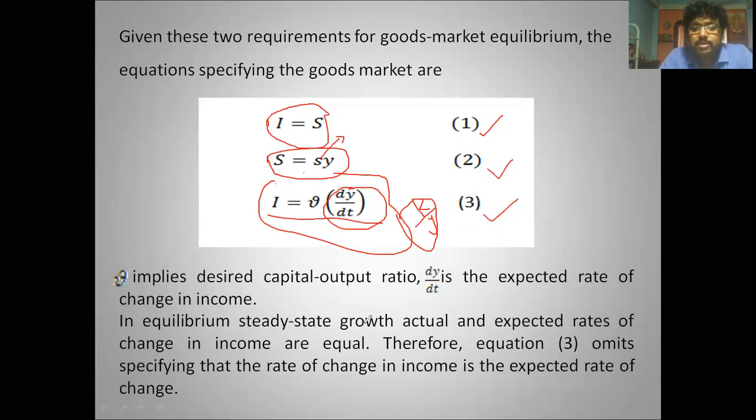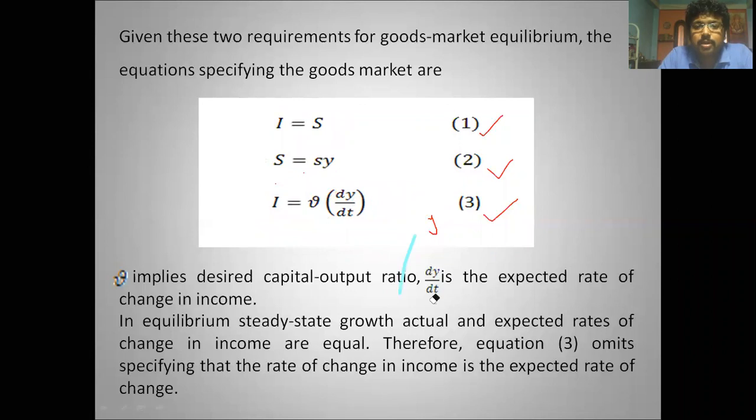In equilibrium steady state growth, actual and expected rates of change in income are equal. Therefore, equation 3 specifies that the rate of change in income is the expected rate of change. Now I am erasing these markings, and next slide.